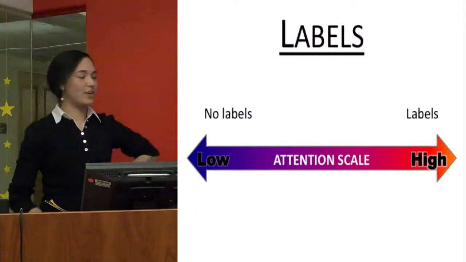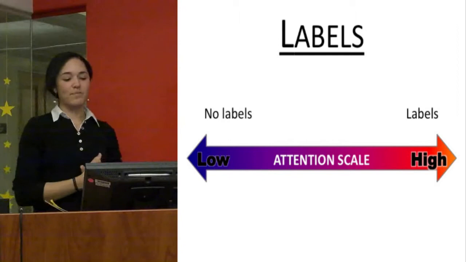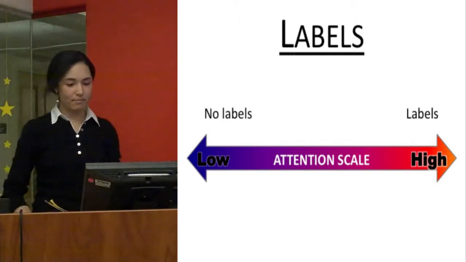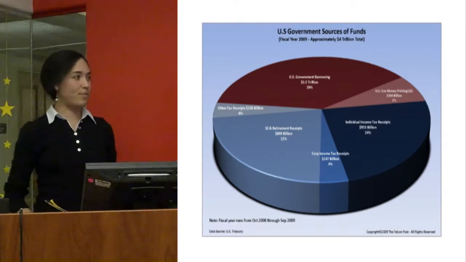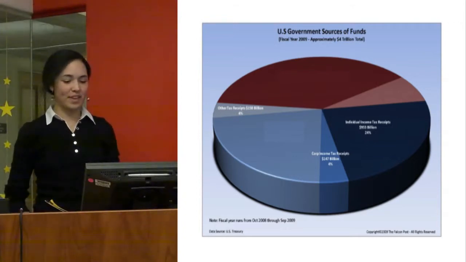All right. So, looking at labels. If something is labeled, it has a high attention scale versus things that don't have labels. So here's our original pie chart, and then look what happens when we take off some of our labels. I guess those parts don't matter.